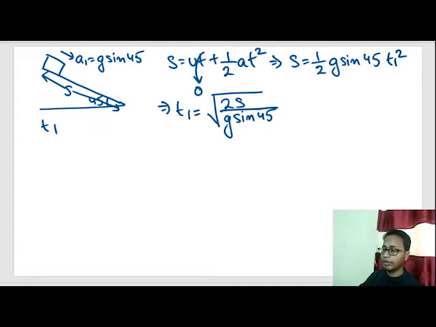Okay. Now let's write down case 2. Case 2: when friction is applied, or when friction is considered.